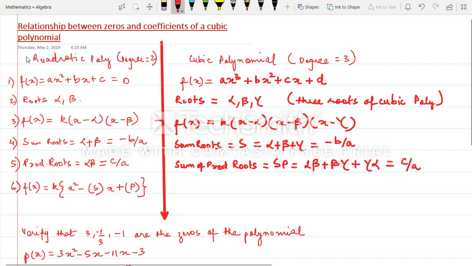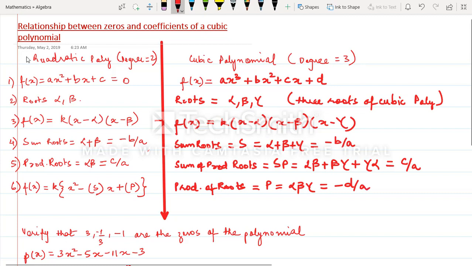Another thing is the product of roots in the case of cubic polynomials, denoted by p, which is equal to alpha beta gamma, which is equal to minus d by a.